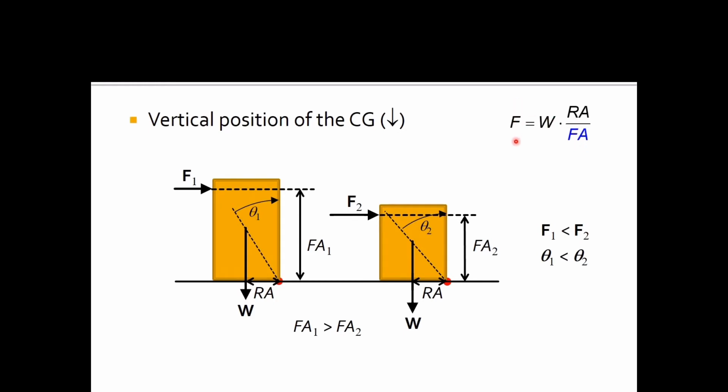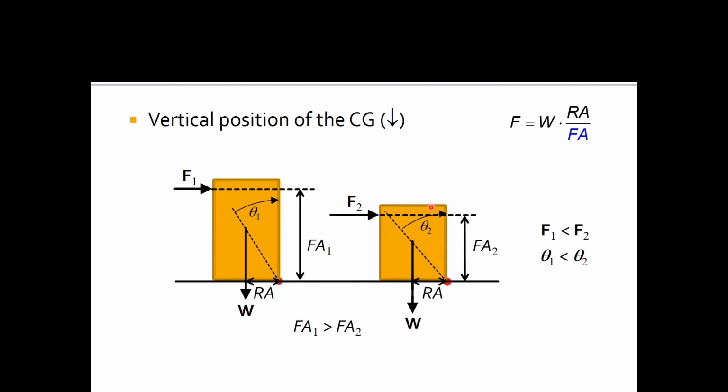So as FA increases, F will decrease, right? So if you go back to this box, since this second box has a shorter FA compared to this box, FA will be decreased for this box, which means the F value will increase for the second box.